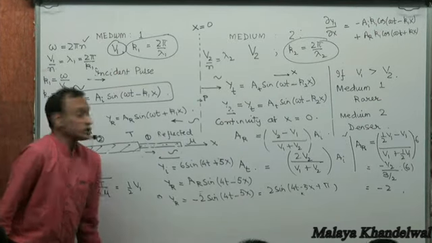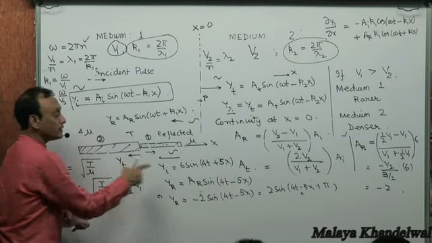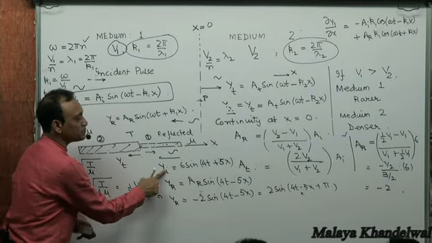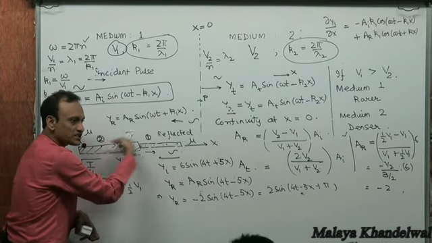How do you find the equation of the transmitted pulse? The transmitted pulse and the incident pulse both are traveling in the negative x direction.